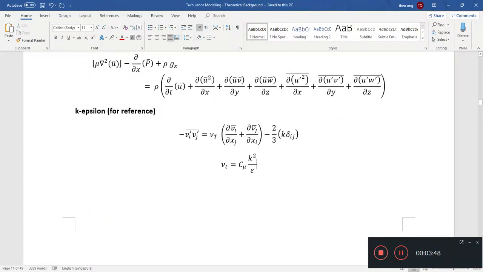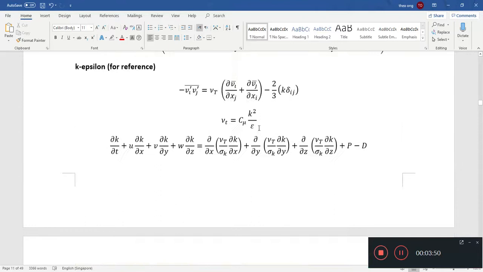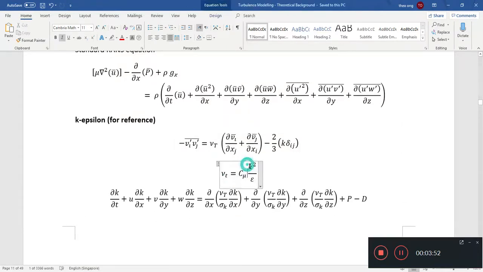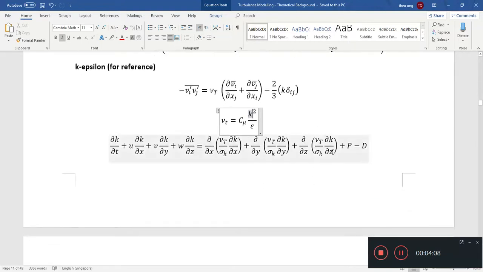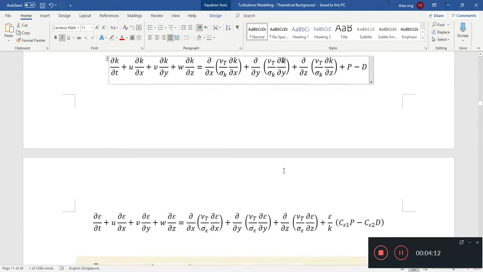So in the whole domain, k and epsilon will vary according to the transport equation that you solve and all the boundary conditions. So you probably put a wall function for these k and epsilon here.